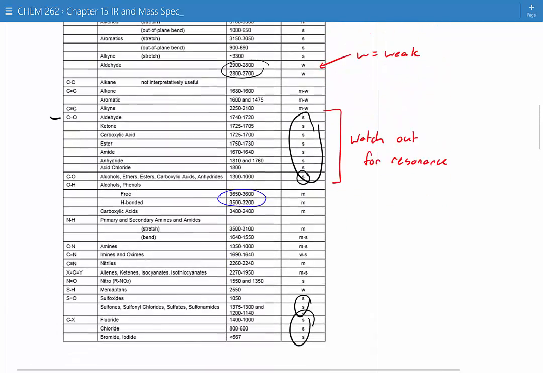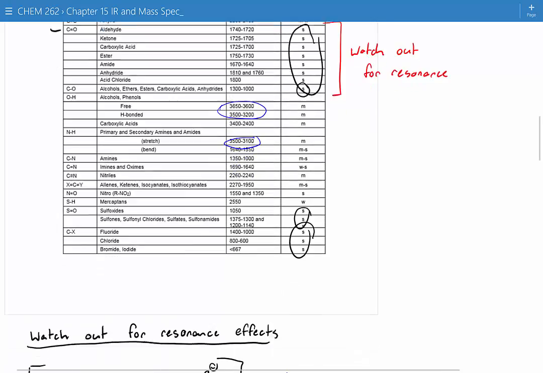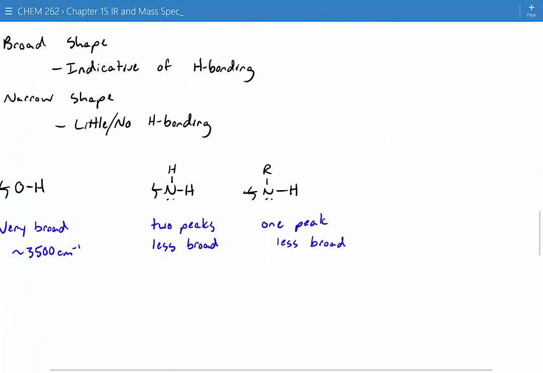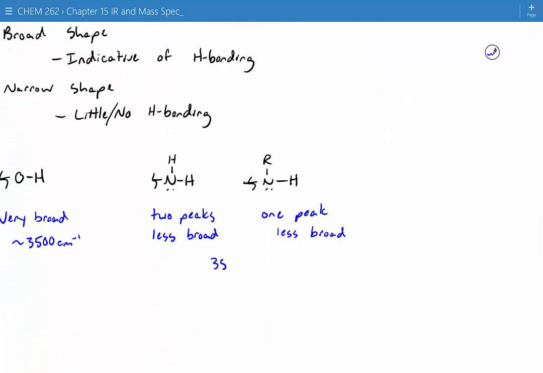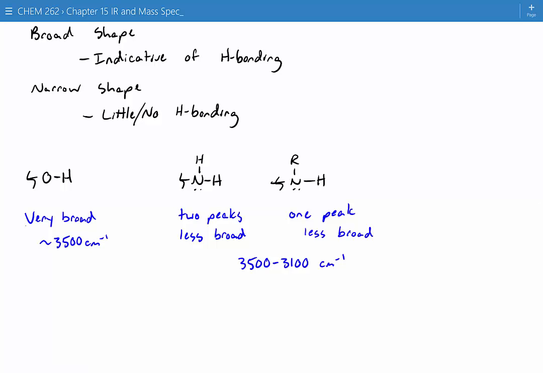We've got primary and secondary amines. If we're looking in that same region, typically where hydrogen bonding is very apparent, it's also going to be around 3,500 to 3,100 inverse centimeters. So these are really useful diagnostic tools.